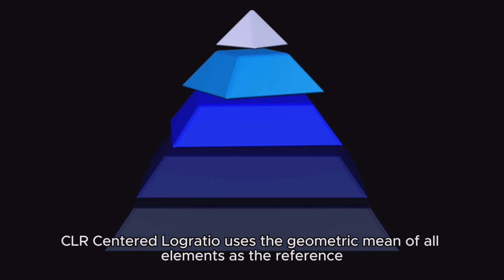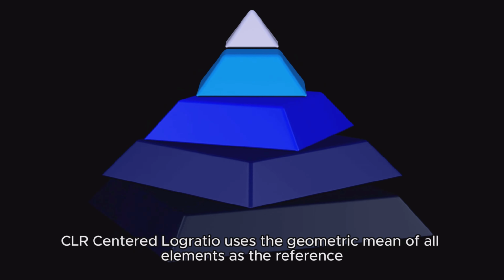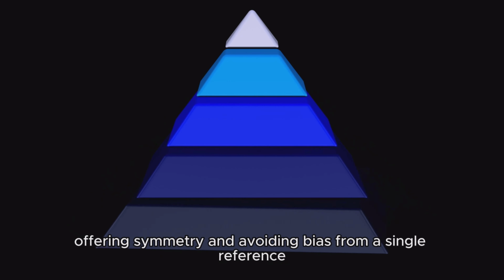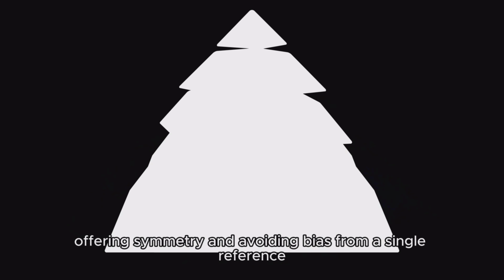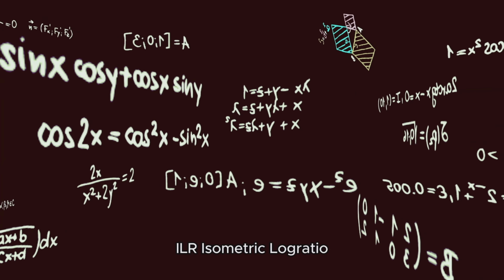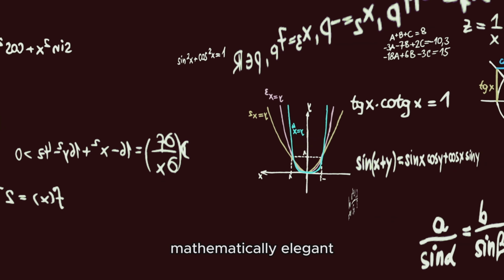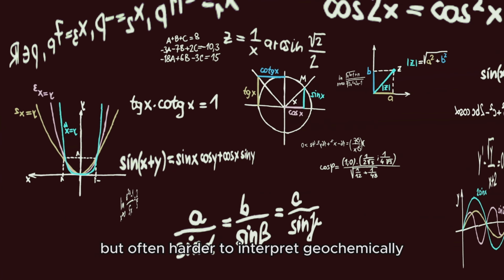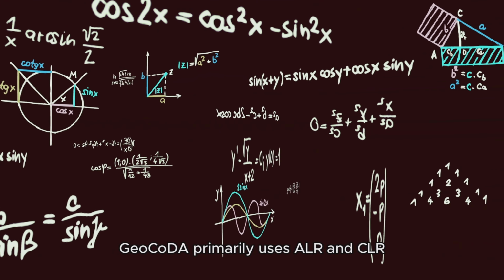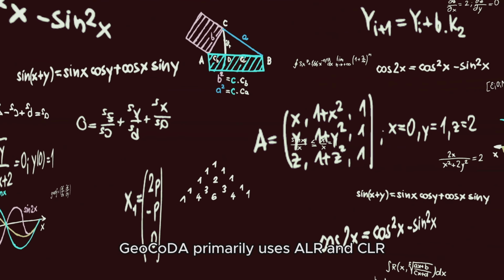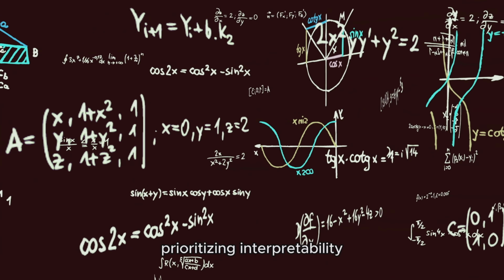CLR, centered logratio, uses the geometric mean of all elements as the reference, offering symmetry and avoiding bias from a single reference. ILR, isometric logratio, is more complex, mathematically elegant, but often harder to interpret geochemically. GeoCoDA primarily uses ALR and CLR, prioritizing interpretability.